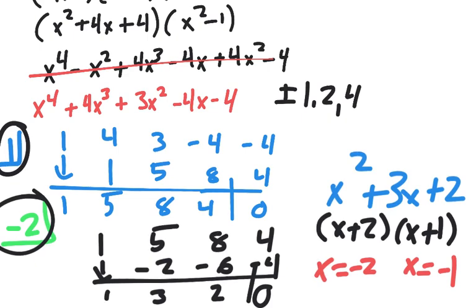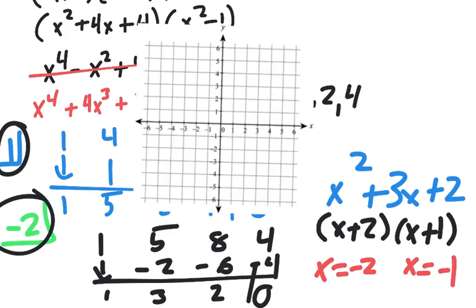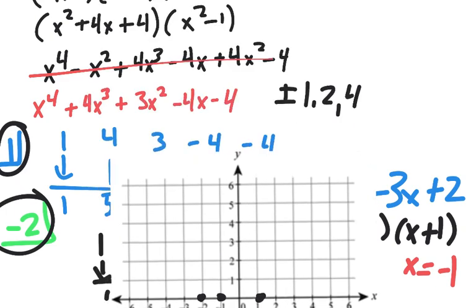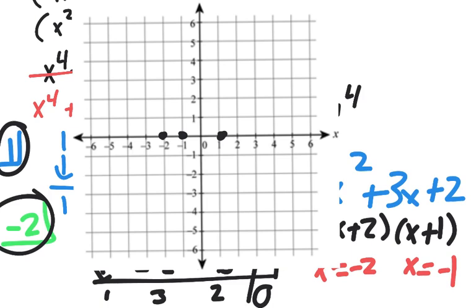So if I graph that, again, just very general, I'm going to have x-intercepts at -2, -1, and 1. I know the y-intercept is at -4.